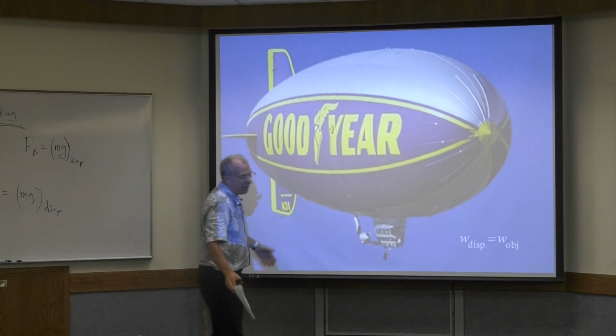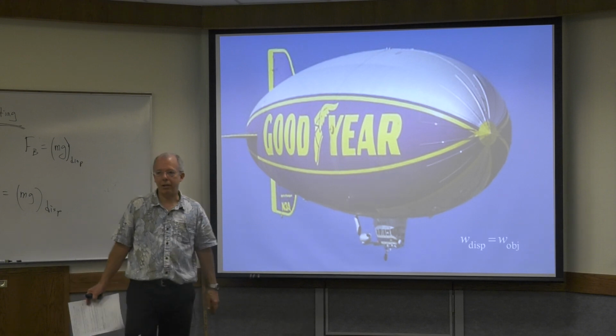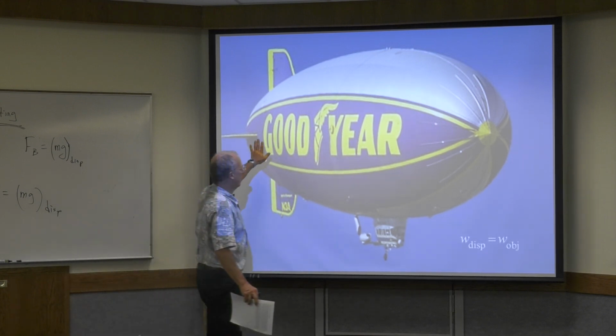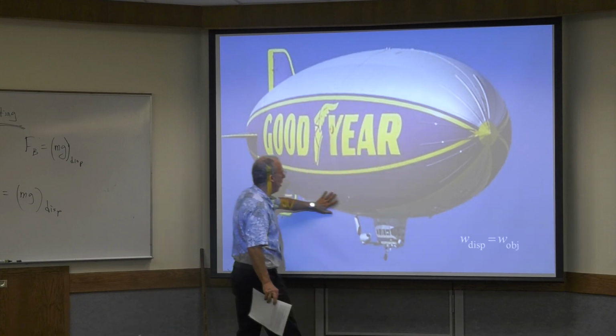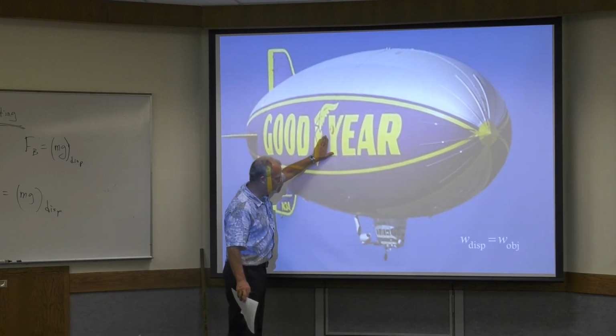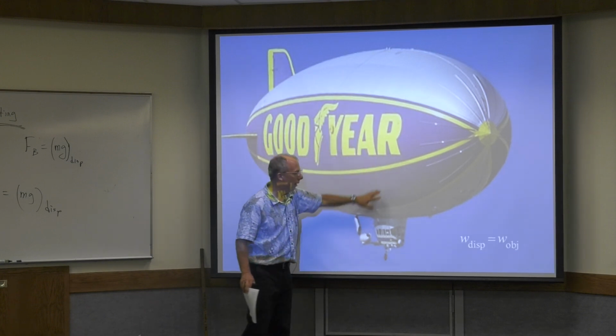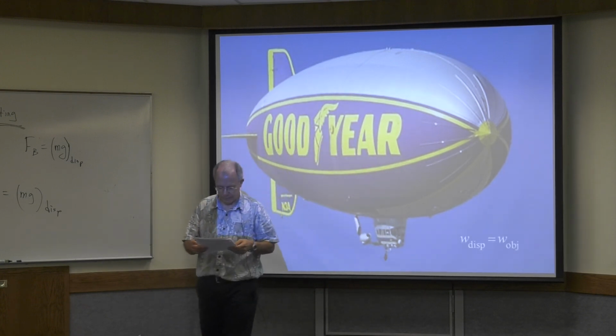That's why it's so large, because air doesn't have a lot of density. So the weight of this big Goodyear blimp equals the weight of all that air it's displacing.